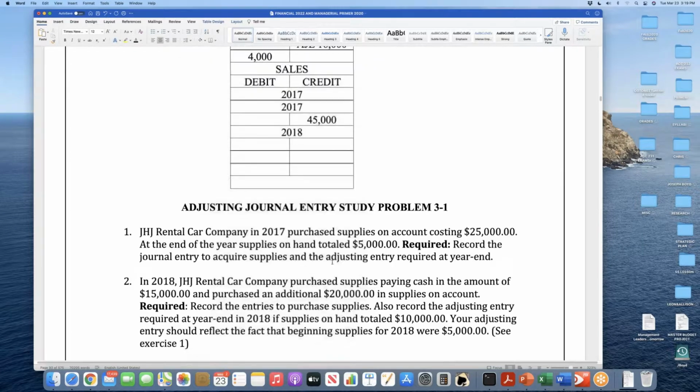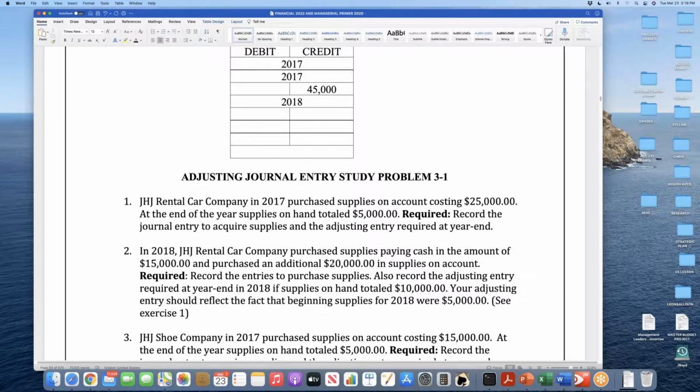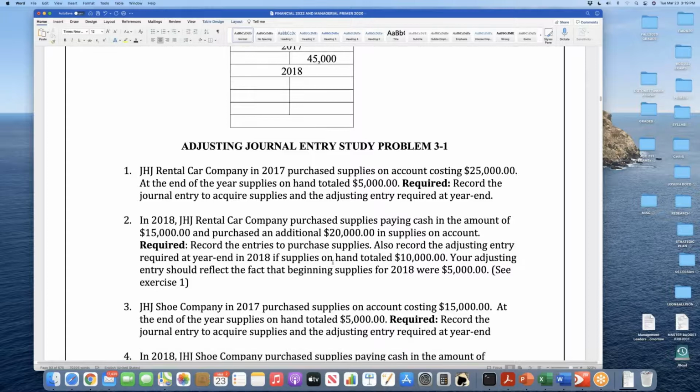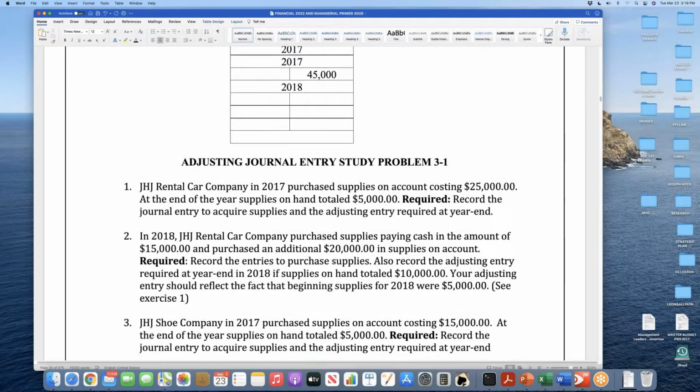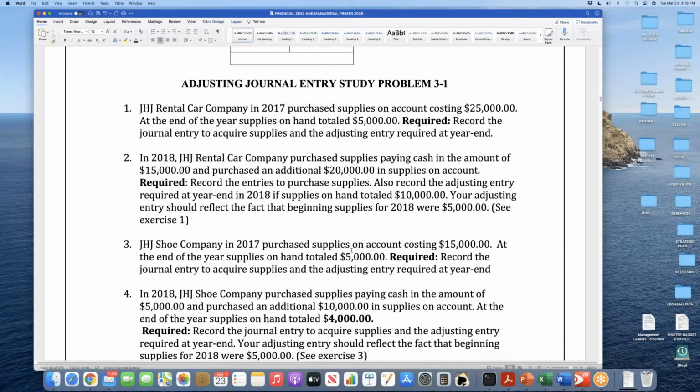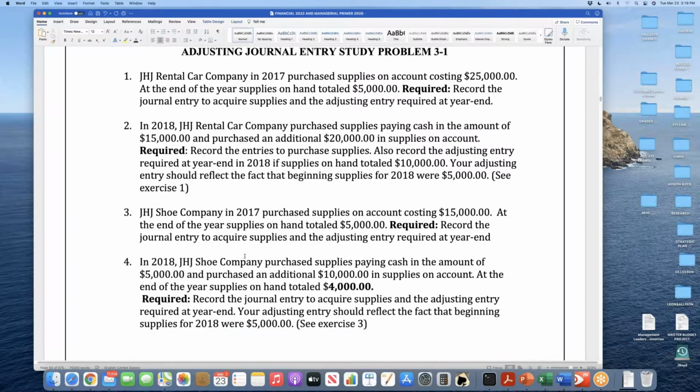So let's see if we can work one more like that. Maybe two more. Go ahead and do number 3, and then once you do number 3, do 4.